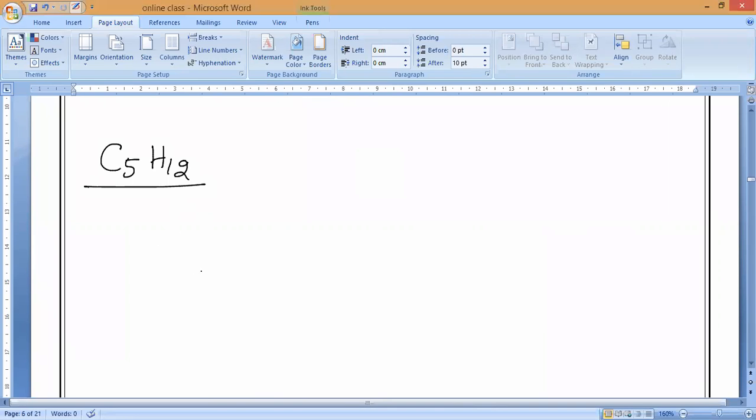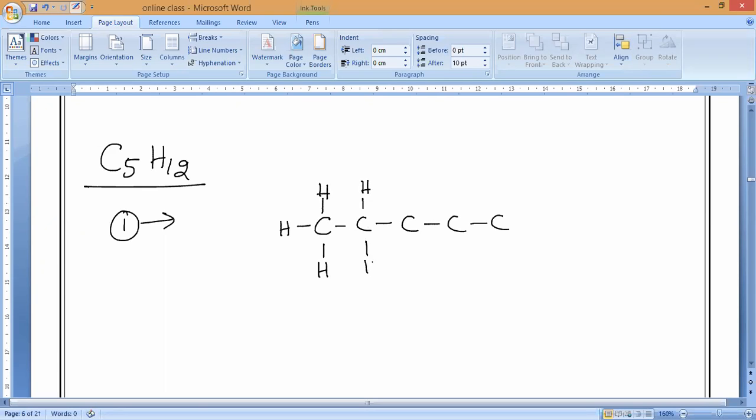C5H12. So now what is the first structure? The normal straight chain of 5 carbons. Everybody draw. Now fill in the number of hydrogens based on each carbon not having more than 4 bonds. That is what you have to remember. So this is the first isomer of pentane.